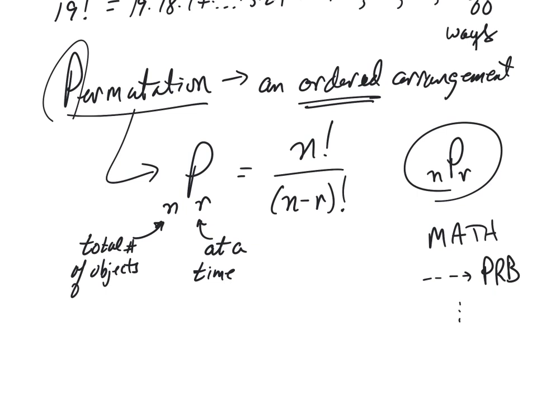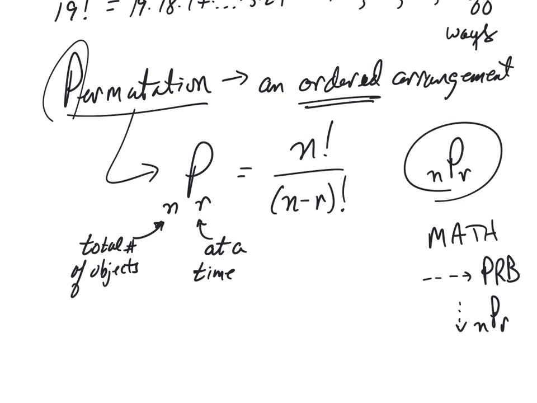And then I think it's the second option down in the drop-down menu that has nPr attached. So try that: Math, arrow over to PRB, and then arrow down to nPr.